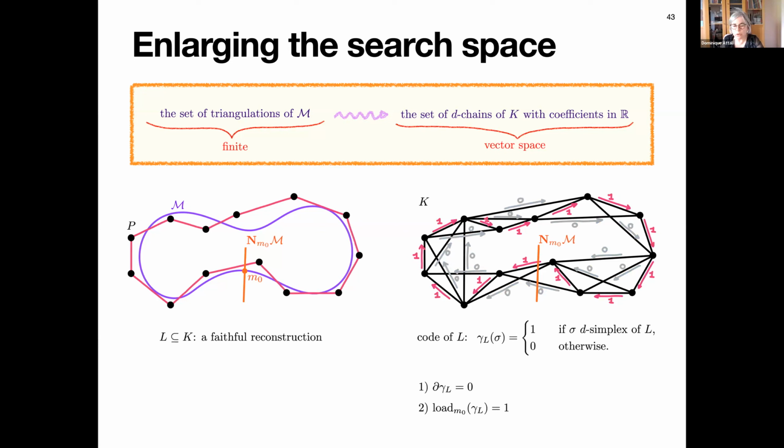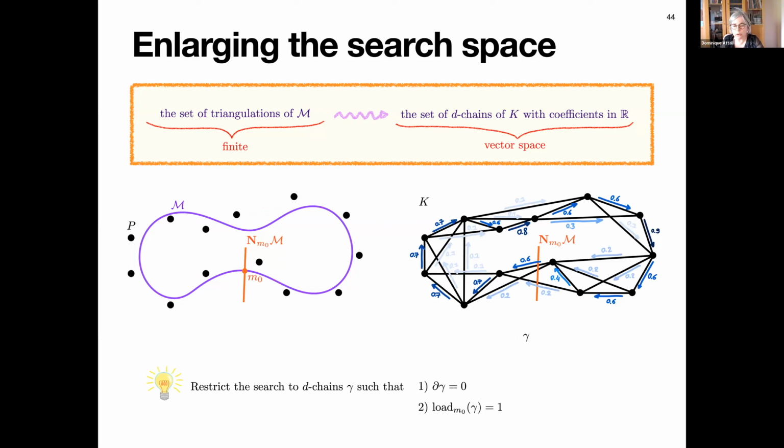And so this gives us the idea to restrict the search among all d-chains gamma which are cycles and which are normalized. Except that if you're not careful, you may get a chain that is not the code of anything, because the coefficients have no reason to be equal to 0 or 1.